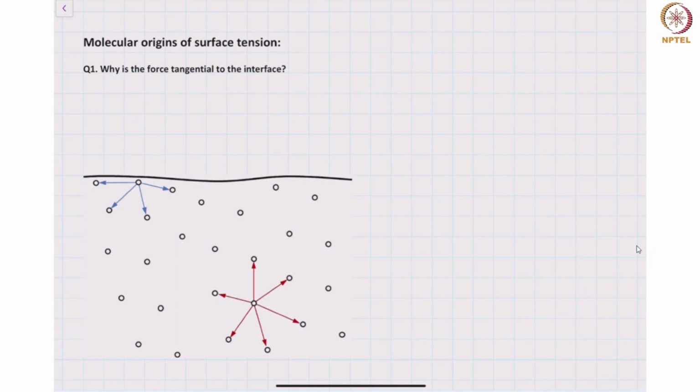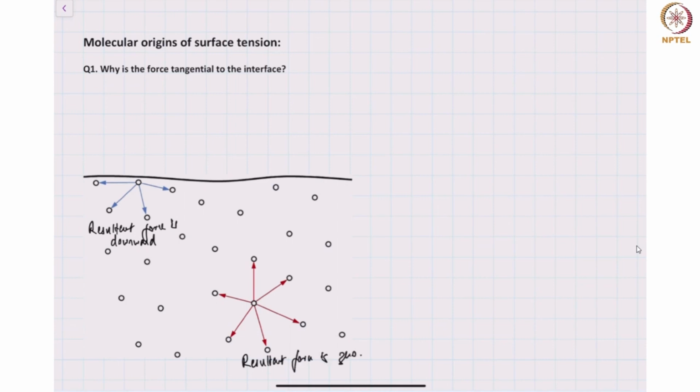So if I look at the blue arrows for a molecule that is near the interface, of course this drawing is highly simplistic, but it hopefully stimulates some thought in all of you. If you look at the blue molecule, it gives the impression that the resultant force is downward, and this gives you the impression that the resultant force is 0.